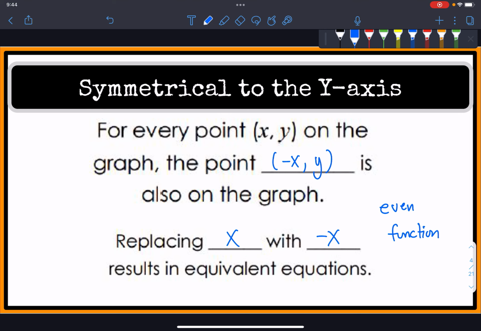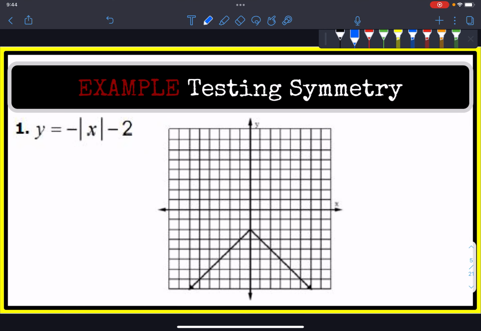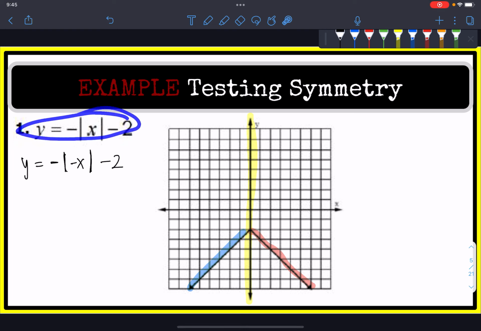So let's look at some examples of this. If you look at this example right here, we can clearly see by the graph that this graph is symmetrical along the y-axis. The left side of the graph matches perfectly with the right side of the graph. To see this algebraically, one simply needs to replace the x value with a negative x and simplify and see if you end up with the same thing that you start off with.